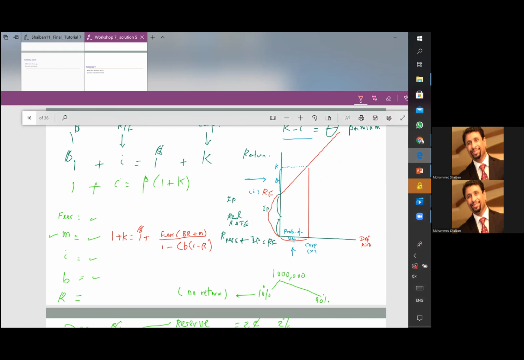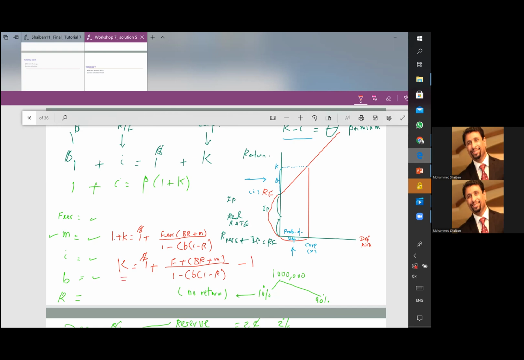So if you want the K, actually, the K will be $1 plus fees plus basic rate plus M, over 1 minus compensation balance, 1 minus R reserve, and this one has to go back there, so I decrease the $1 I gave.